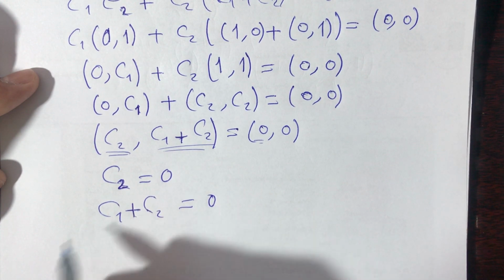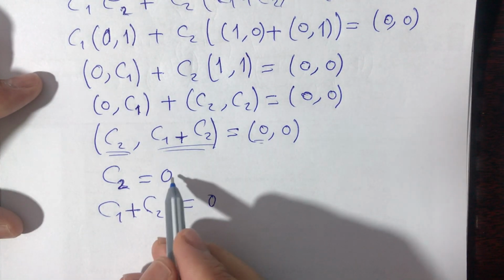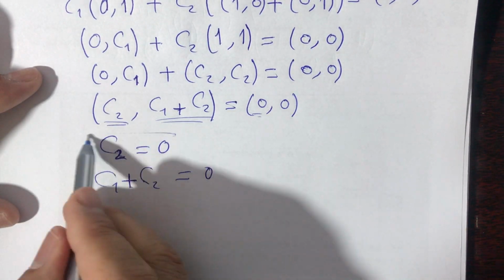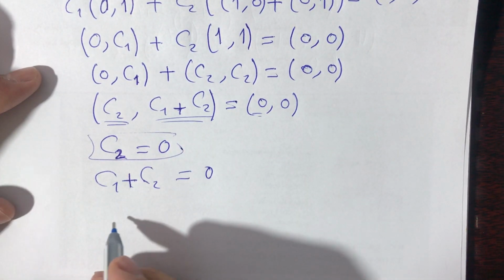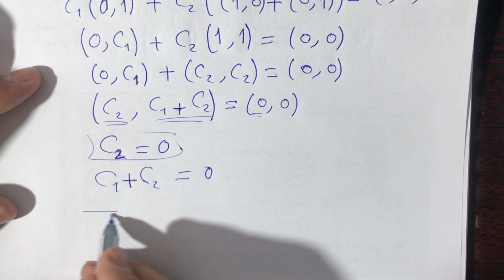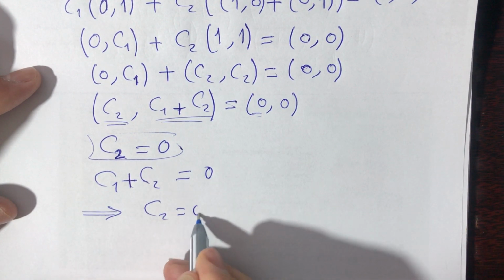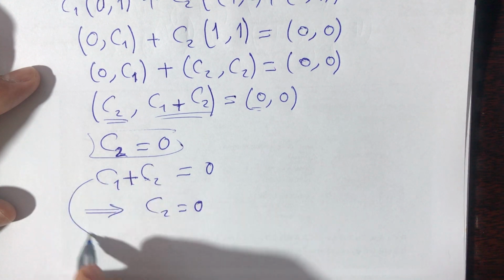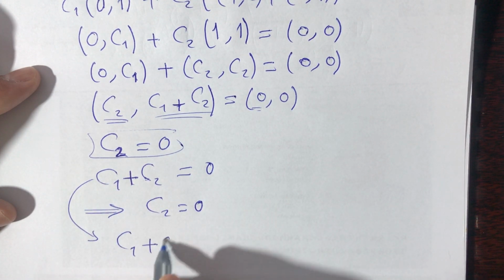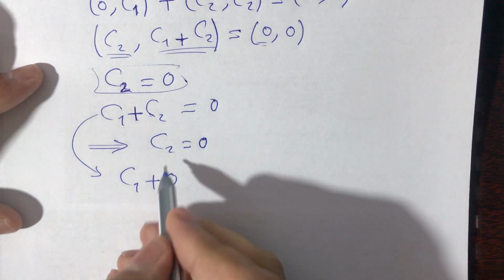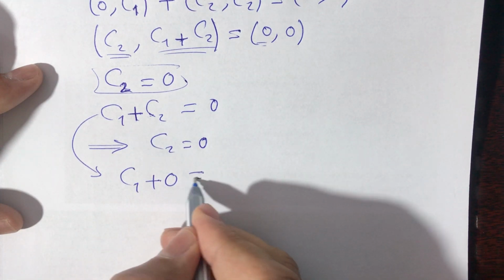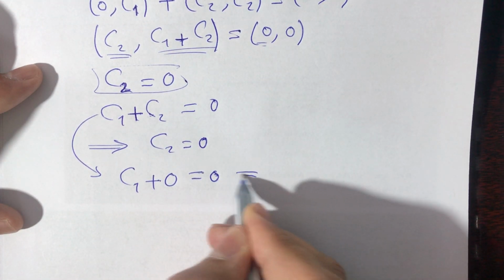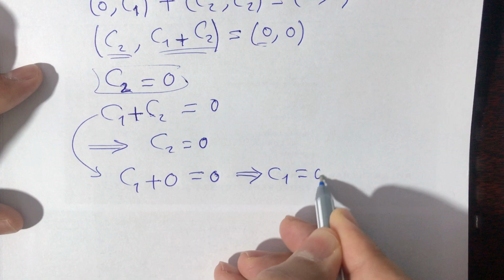also equal to 0. So I can put here from this system C2 equals 0. I get it already, and from this equation we get C1 plus 0, because C2 equal to 0, this implies C1 also 0.